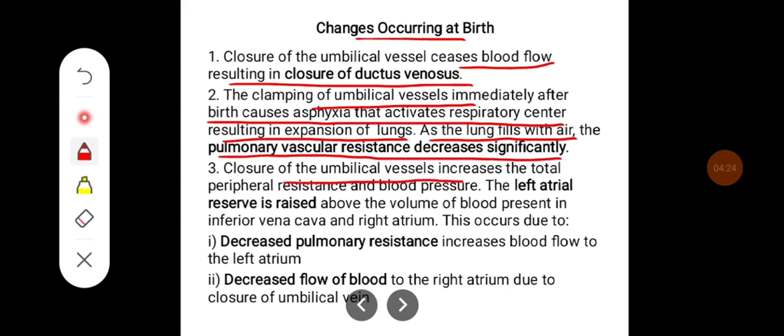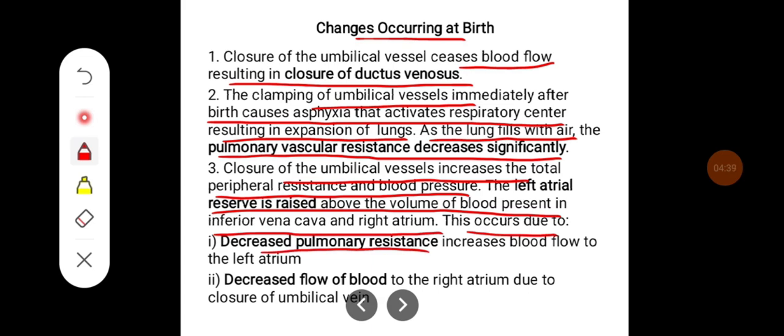Closure of umbilical vessels increases the total peripheral resistance and blood pressure. Left atrial pressure is raised above the pressure in inferior vena cava and right atrium. This occurs due to the decreased pulmonary resistance, which increases the blood flow to the left atrium, and decreased flow of blood to the right atrium due to the closure of umbilical vein.